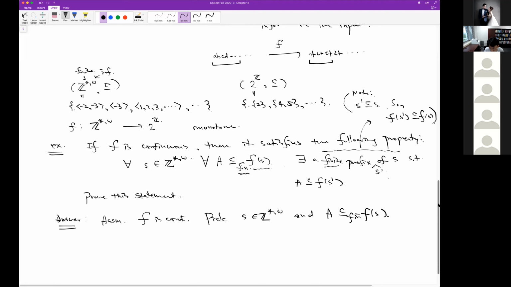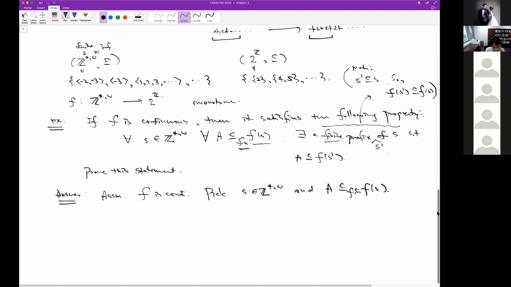If S is finite, then there's nothing to be done. We can just set S prime to be equal to S, because the finite prefix doesn't have to be strictly smaller. S itself is a prefix of S. We just have to make sure the prefix is finite, but S is finite, so we are done.